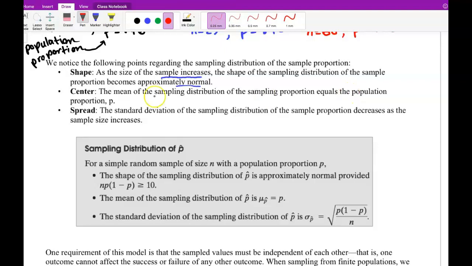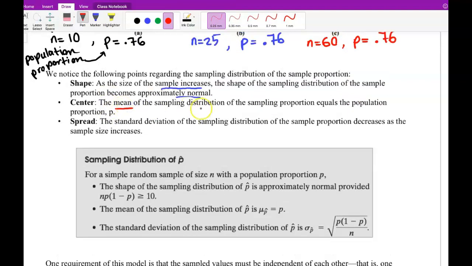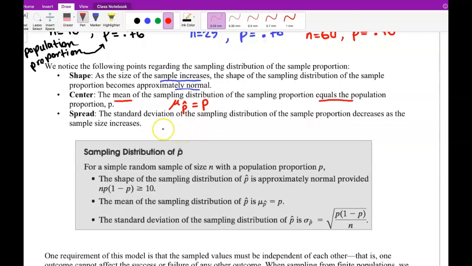Okay, then the mean of the sampling distribution equals the population proportion P. Then the standard deviation of the sample proportion decreases as the sample size increases. The standard deviation of the sample proportion is equal to the square root of P times Q divided by the sample size.